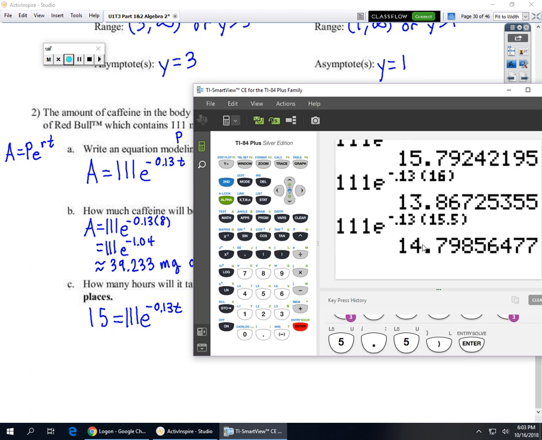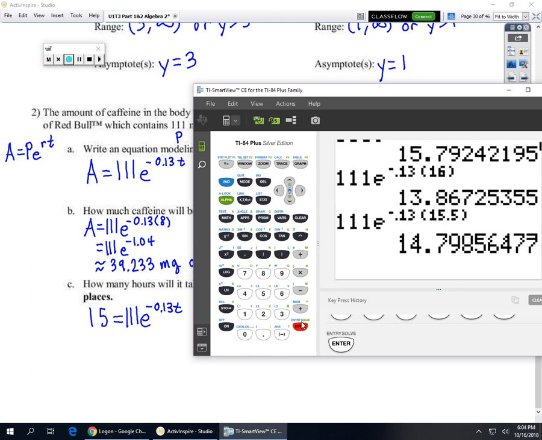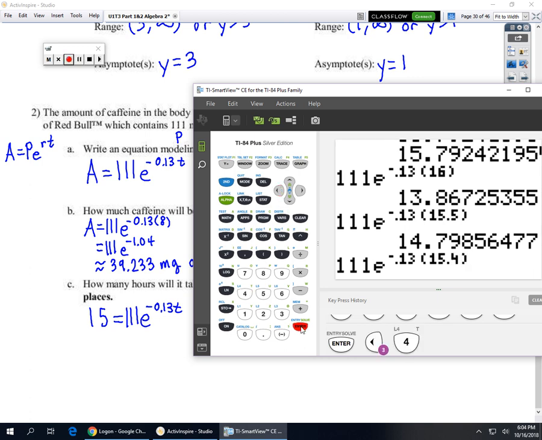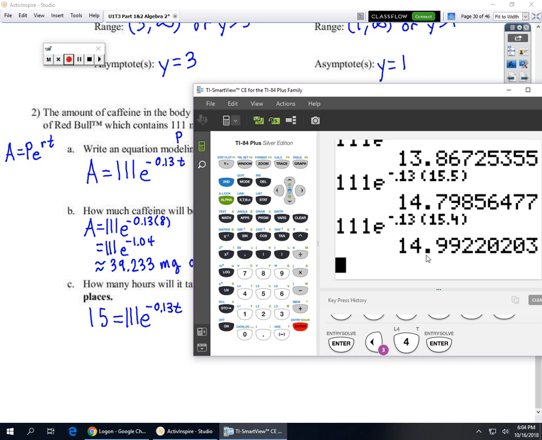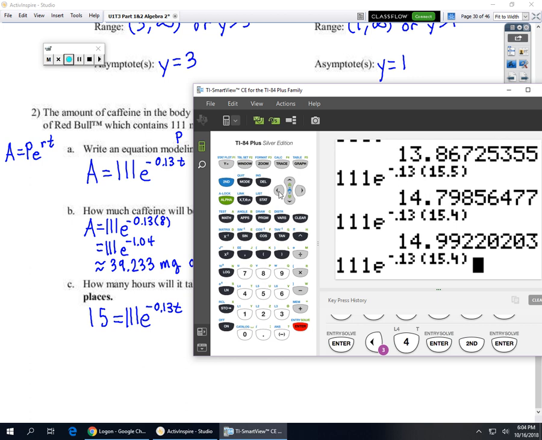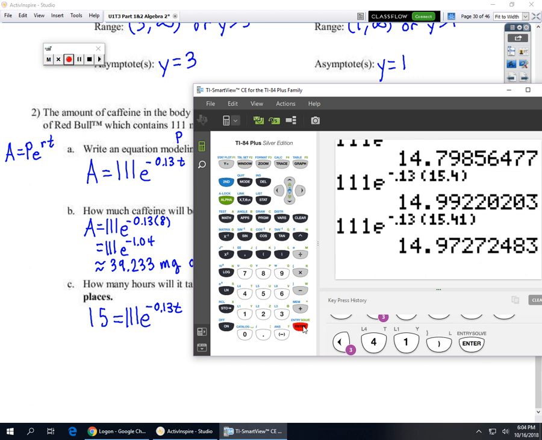15.5. Well, this is less than. So we want to know when it gets about exactly to 15 milligrams. So let's see, 15.5 is 14. So let's go a little bit lower. What about 15.4? Oh, that's pretty close. 15.41. That's pretty close. We want to get as close to 15 as possible in my answer.